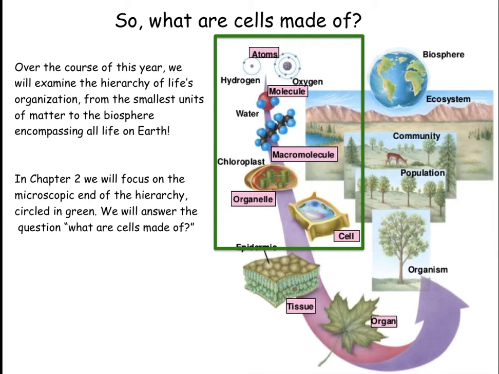First, recall from last year that all matter is made up of atoms, and that atoms may join together to make a molecule. What we will learn in this chapter is that many molecules can join together to make really, really big molecules called macromolecules, right here.